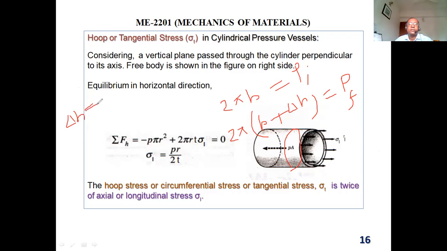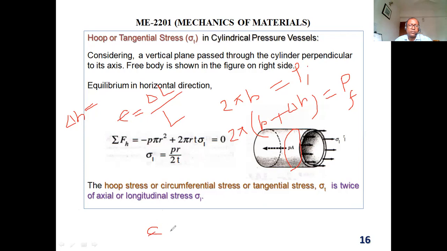Now, this one you measure with the tape. But as engineers, you cannot measure with a tape every time. We need a formula for how much the radius increases. So right here, you can figure out the peripheral strain. What is strain? Strain equals delta L divided by L. What is delta L? Change of length.